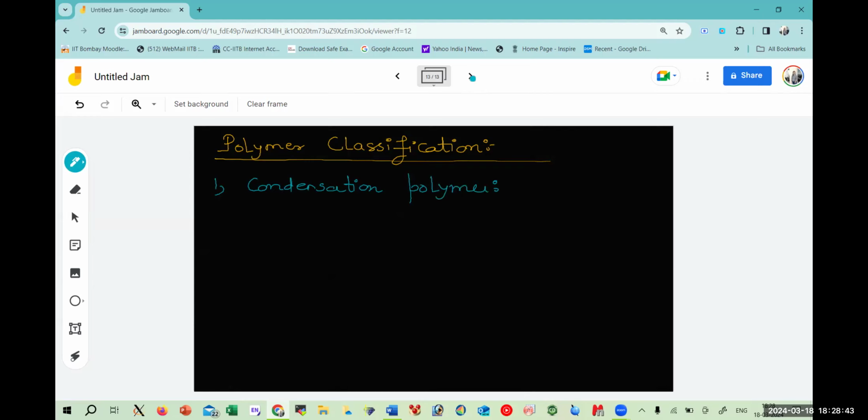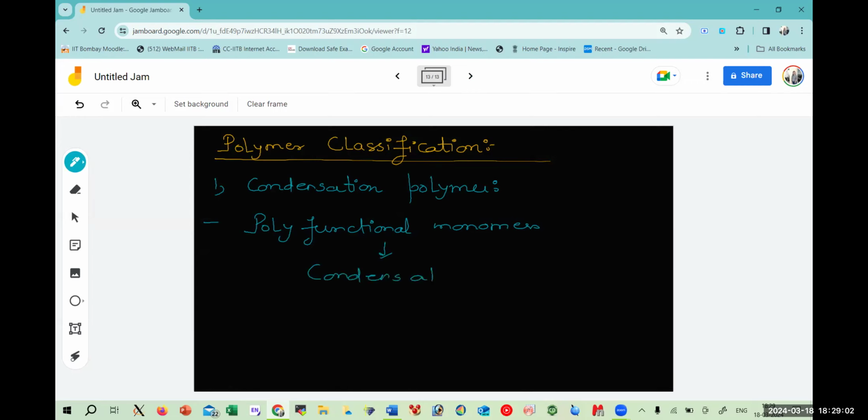So in condensation polymers, what happens? We have polyfunctional monomers, which undergo condensation.